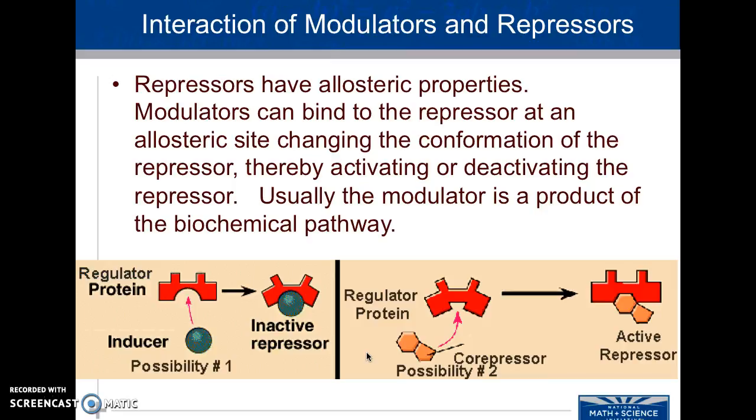If the inducer is present, it's going to bind to the base of my regulator protein and bend it so that it will not fit into the operator. This will promote the genes being made more frequently. If my regulator protein is bound to another type of protein called a co-repressor, it's going to straighten that protein out. It's going to allow it to bind to the operator, and it's going to inhibit the production of those genes.